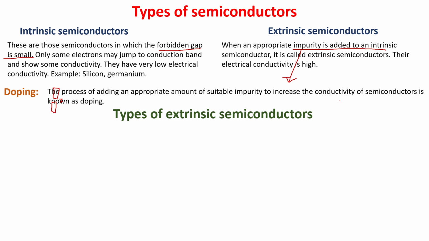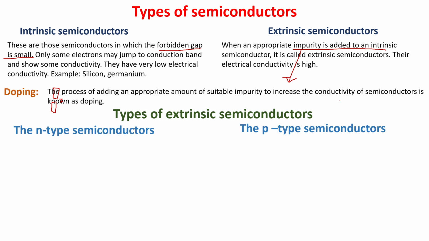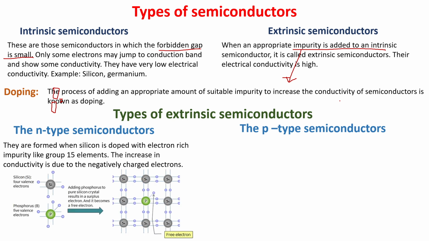So types of extrinsic semiconductors: the N type, where the impurity added increases the number of electrons in the semiconductor. The P type semiconductor we'll discuss later. In the N type semiconductors, the impurity added to the intrinsic semiconductor is an electron rich impurity.